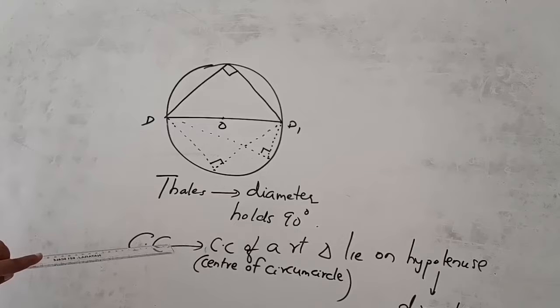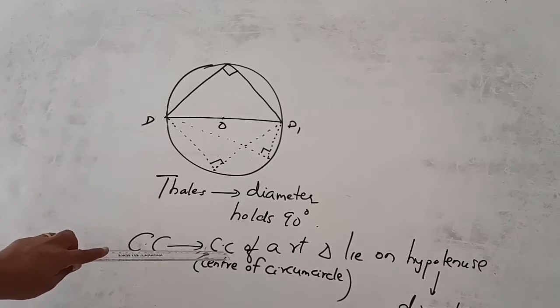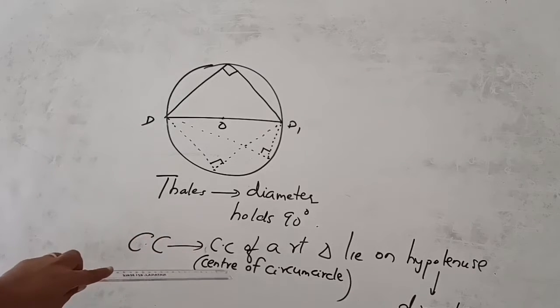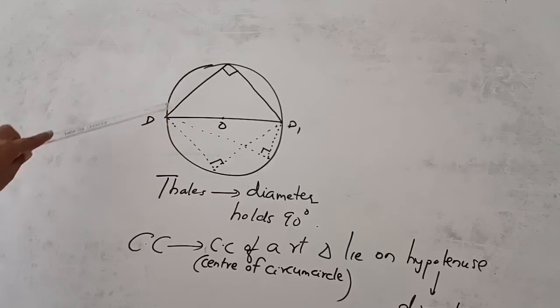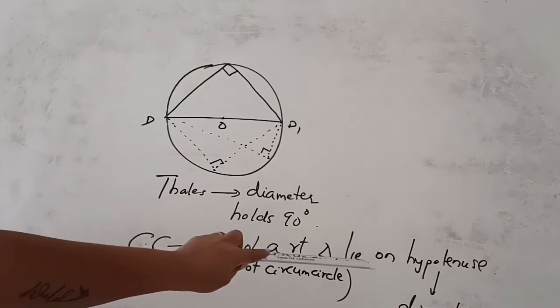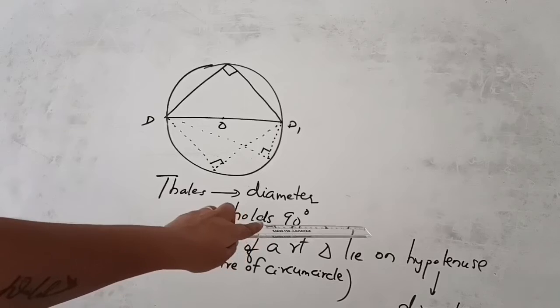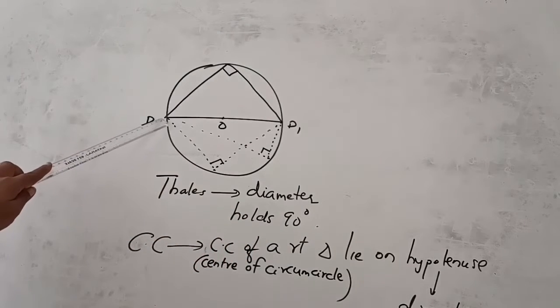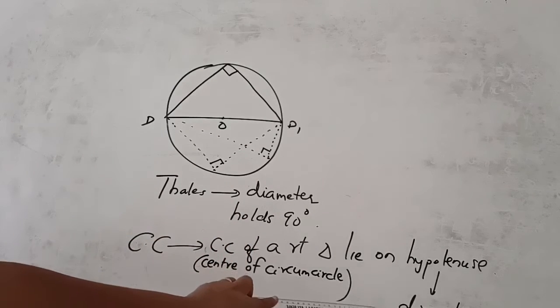My concept of circumcenter says that the circumcenter of a right angle triangle, which is the center of the circumcircle, will lie on the hypotenuse, which means that my hypotenuse will turn into the diameter.